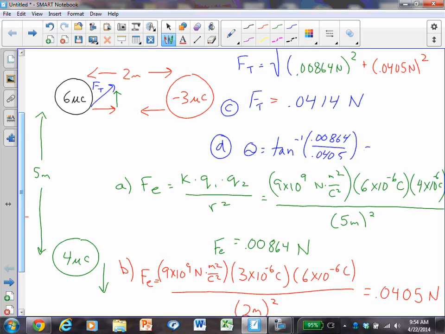And that will give us the angle that we're at. Of course, we've done this with different types of various things, all the way back to displacement at the beginning of the year, remember? 12 degrees.